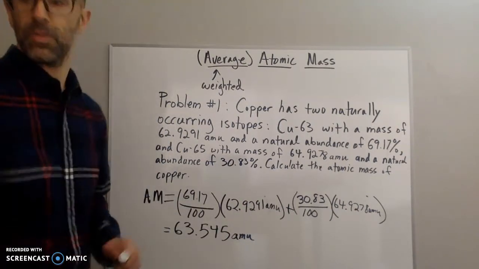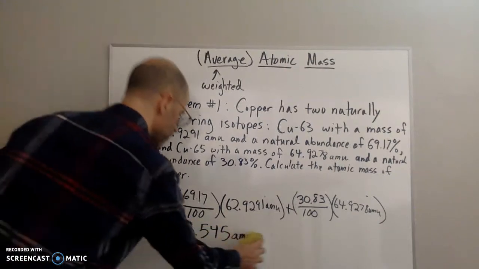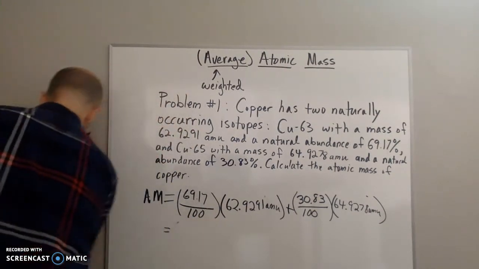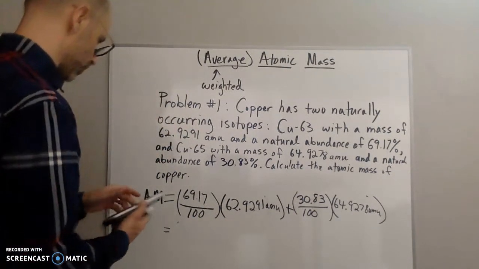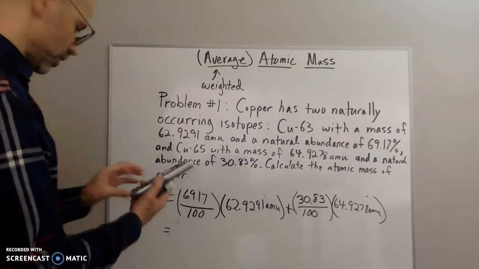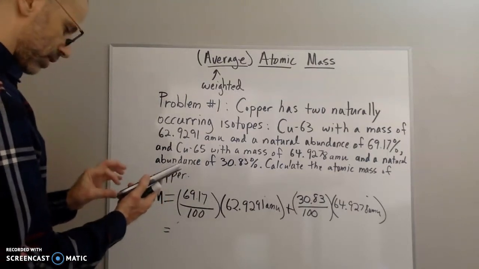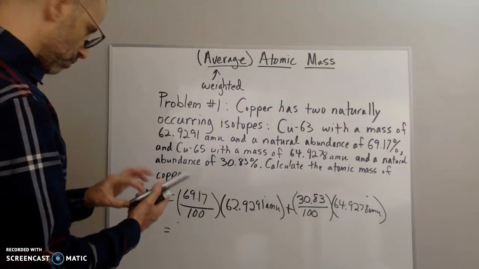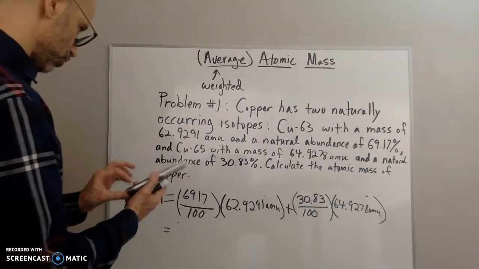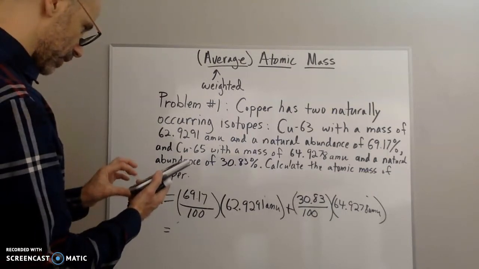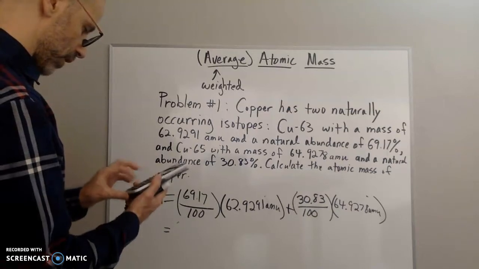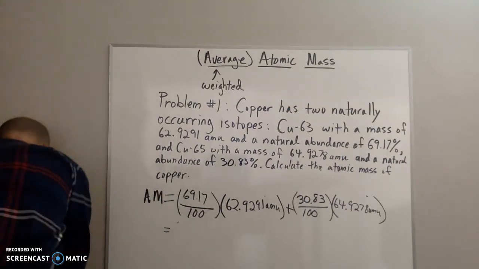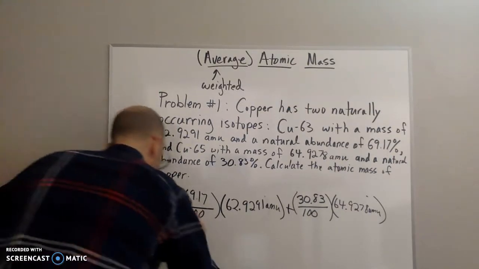So if we do the calculations separately, let's do these separately so we see what I am doing. So I do 69.17 divided by 100 multiplied by 62.9291 equals, and so that gives me a 43.